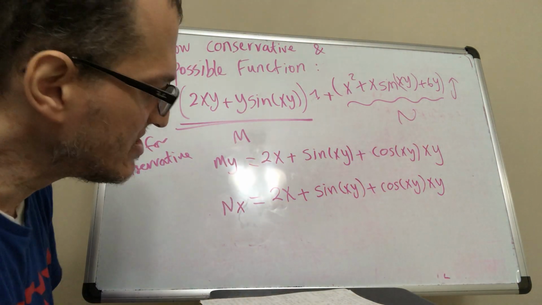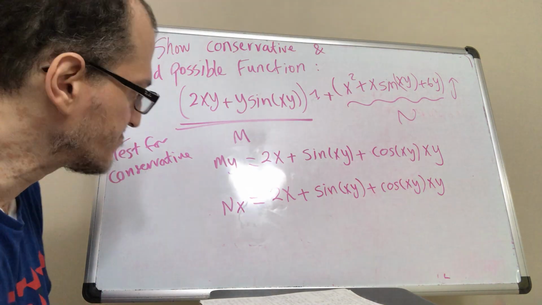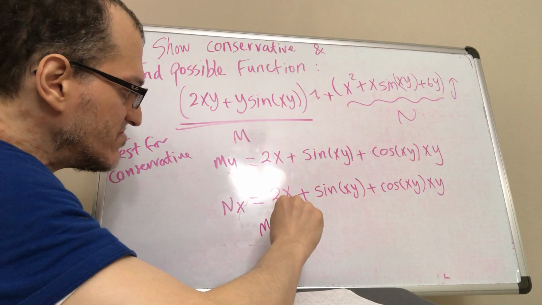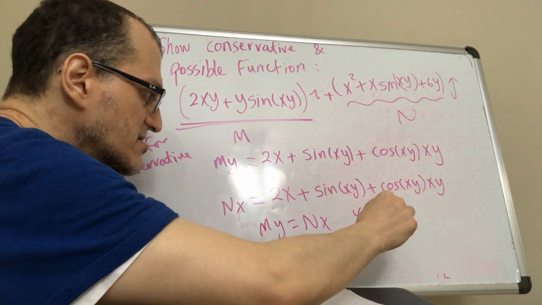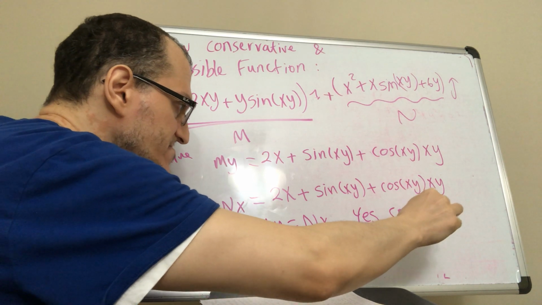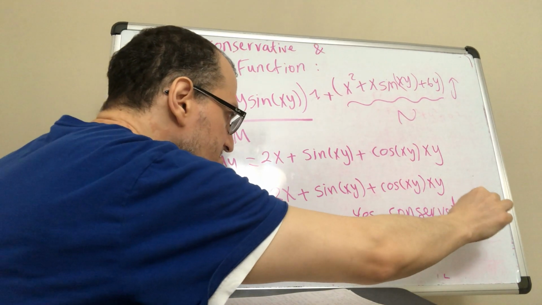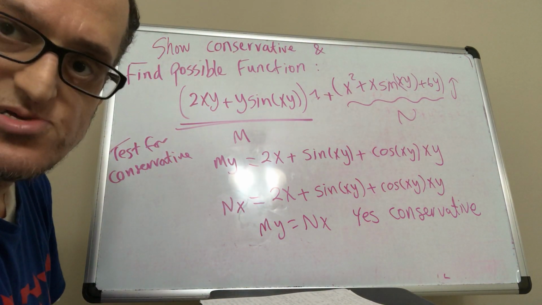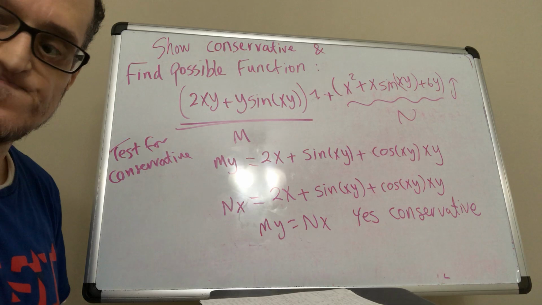And 6y, derivative of 6y with respect to x is 0. So My equals Nx, yes, it is conservative. So yes, we know now that it is in fact conservative.